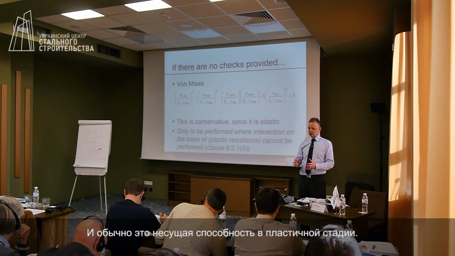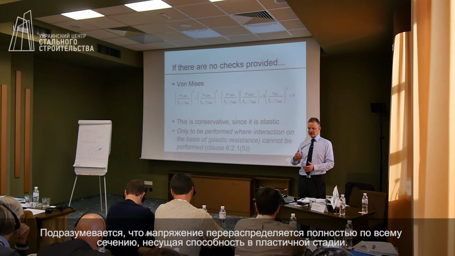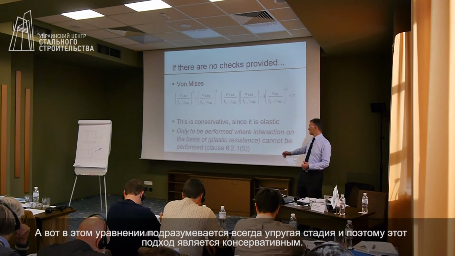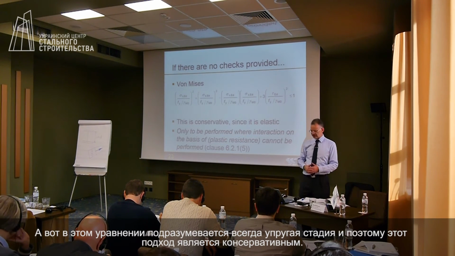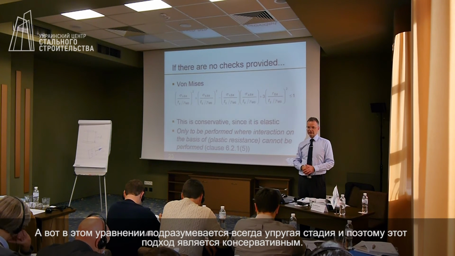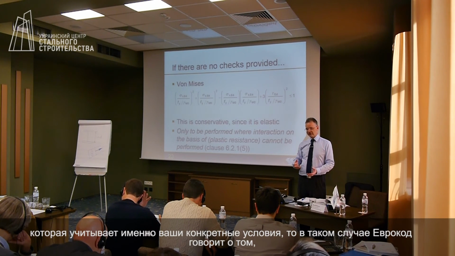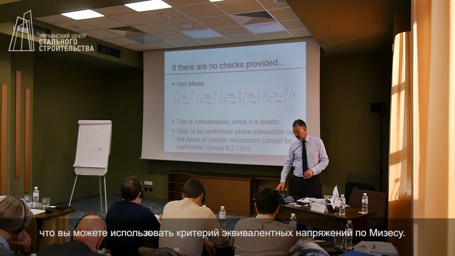And the resistance is normally a plastic resistance. So it assumes that stress has been distributed all over the cross-section or the area or the modulus. A plastic resistance, whereas this interaction is always elastic. It's adding together elastic stresses and therefore will be conservative. So if you come across a situation where the Eurocode does not give you a clause to cover your particular circumstances, then the Eurocode says you can use the von Mises expression.